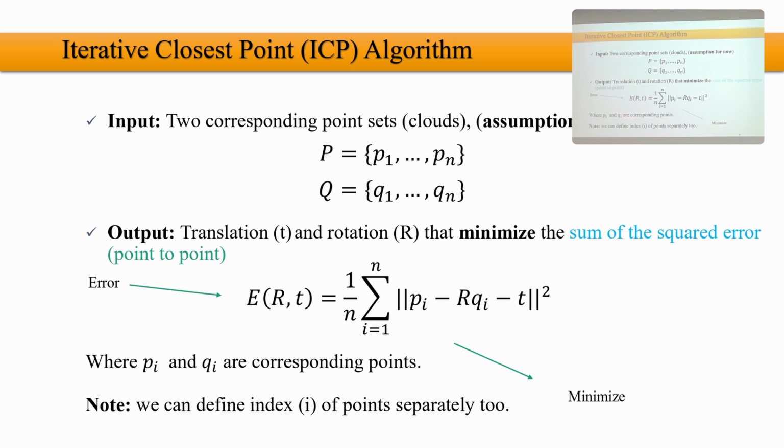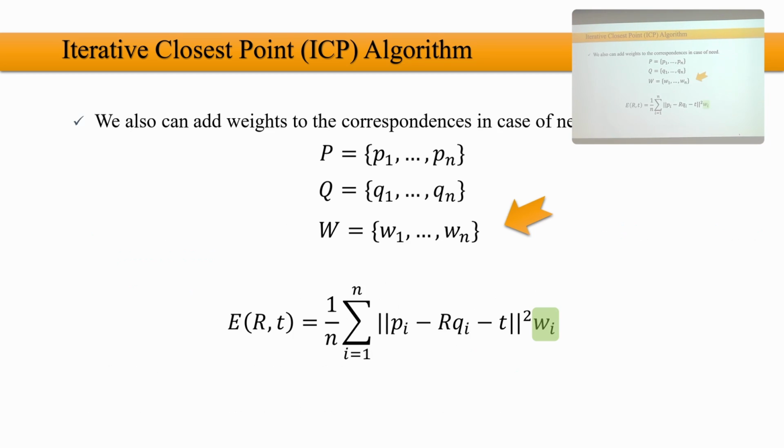So that's one point: for simplicity, we can consider we have known correspondences, for example. On the other hand, we also can add weights to each of the correspondences, indeed. And we can say how likely that correspondence is and how important the difference is. What does it mean?